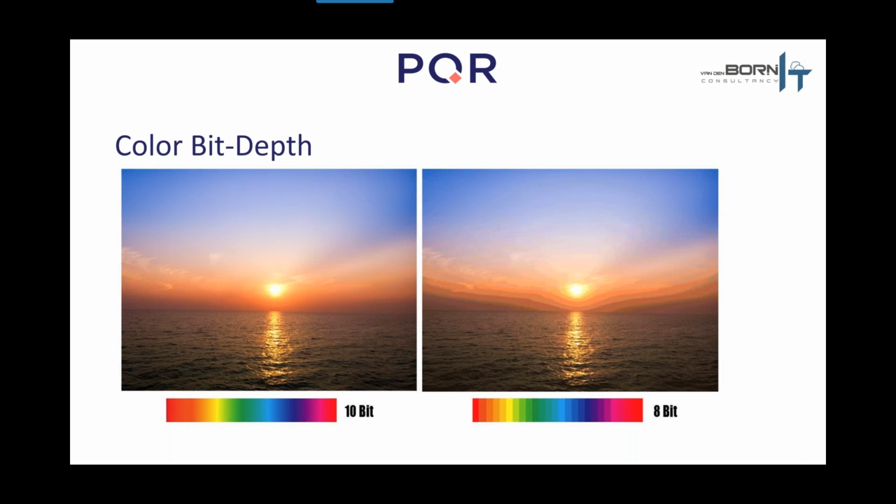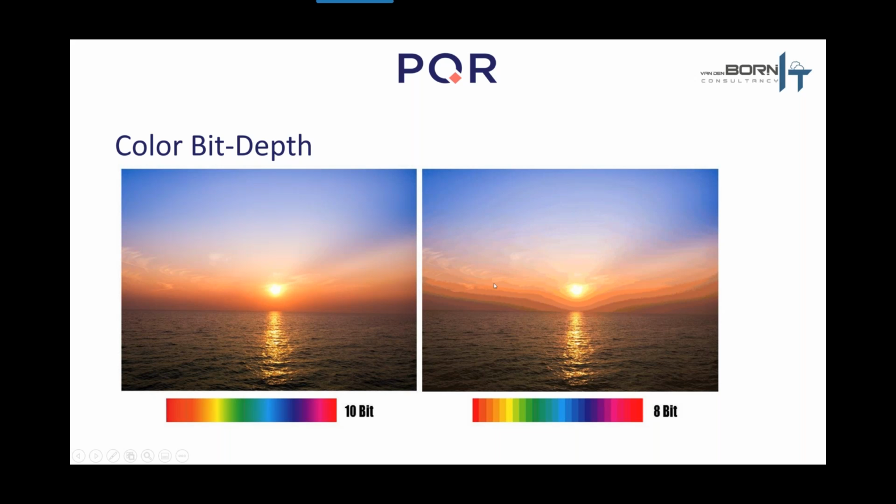But it all has to do with the gradients or the smoothness of colors. So for example, in the left picture, you will see 10-bit color information. So the transition from dark blue to light blue, from light orange to dark orange is really smooth.